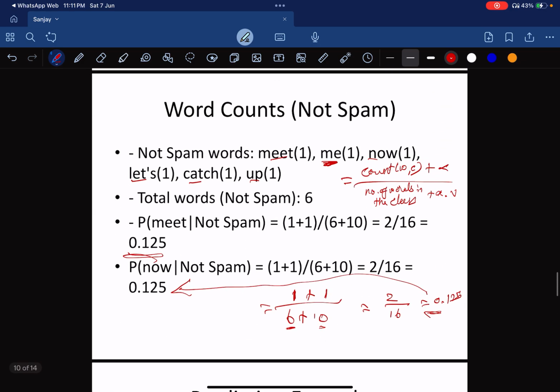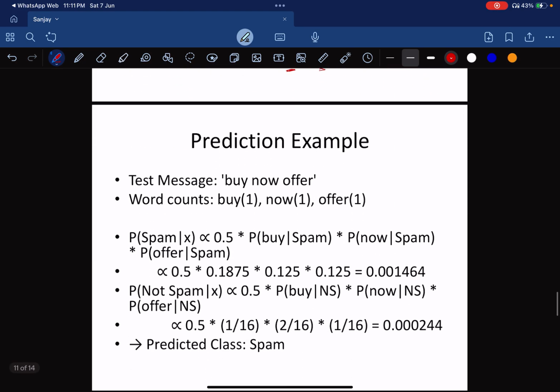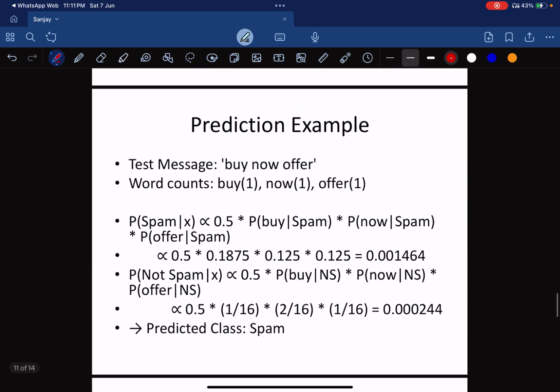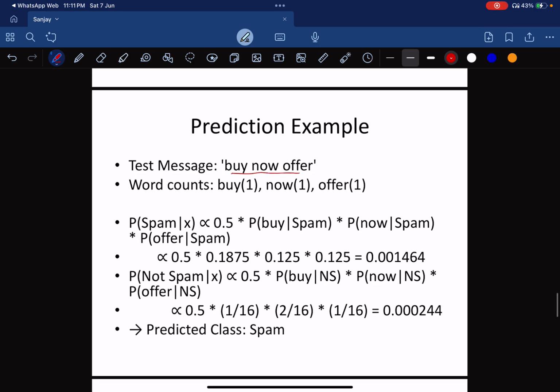This is how we first find the frequencies and update the probabilities during the training process, and store these probabilities in some parameters. During prediction, the user will give some input or message, that is "buy now offer". We need to find whether it is a spam or not spam message, right?